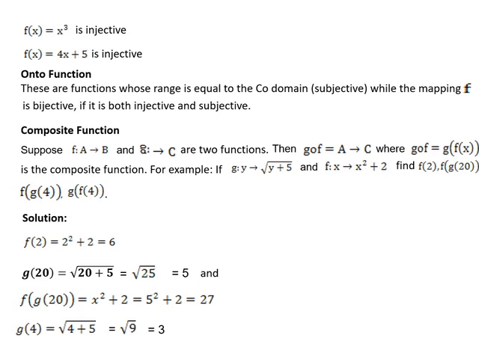For example, we are given the function g of y to be root y plus 5, and f of s equal to s square plus 2. We have to find f of 2 and f of g of 20.